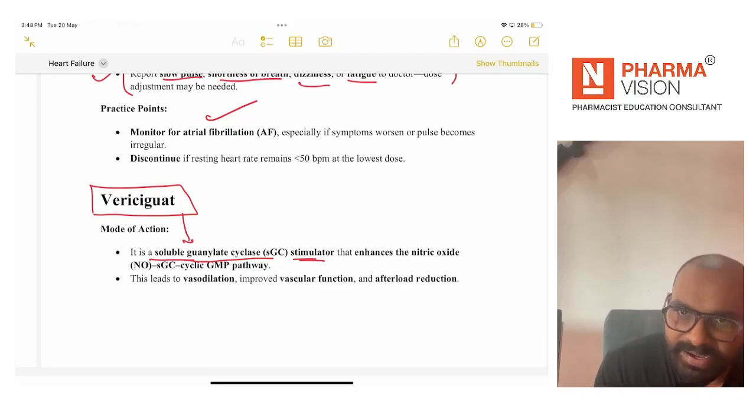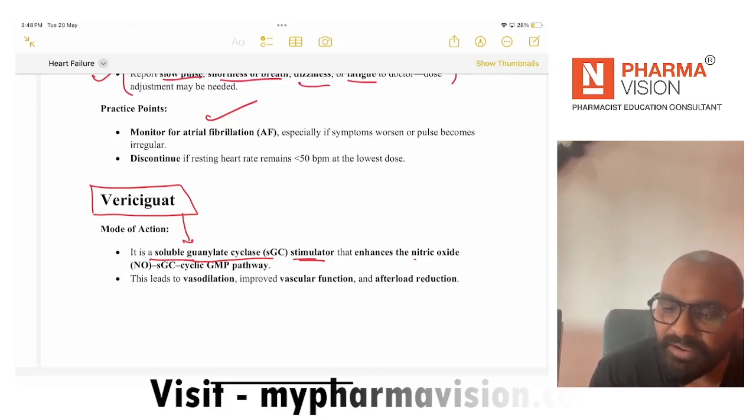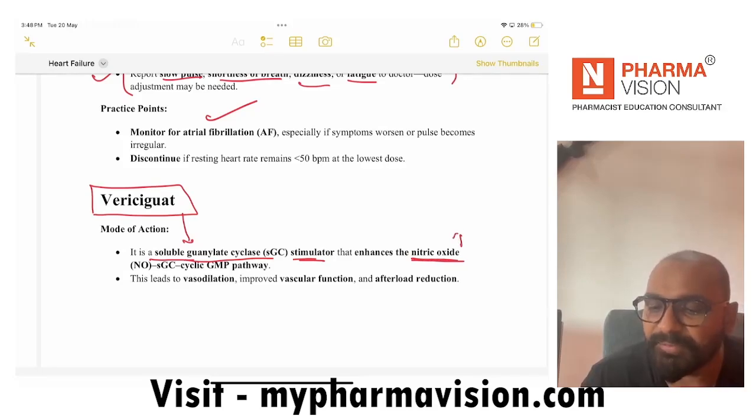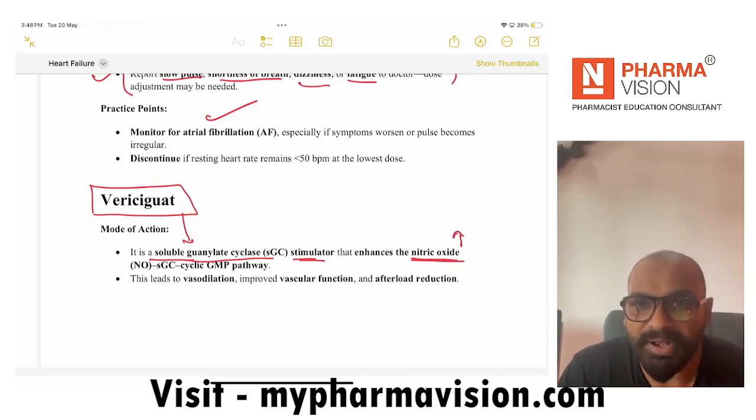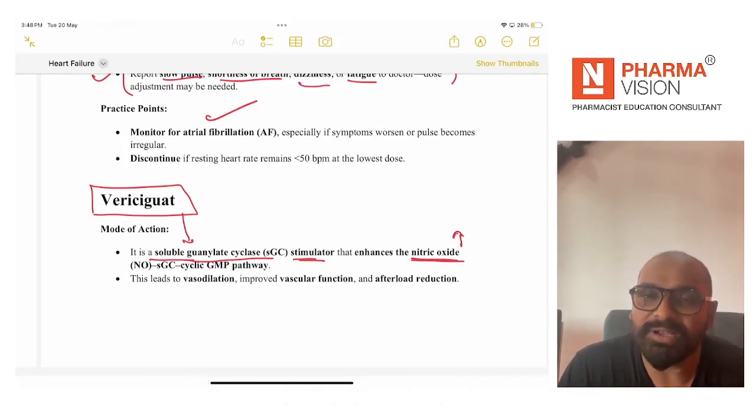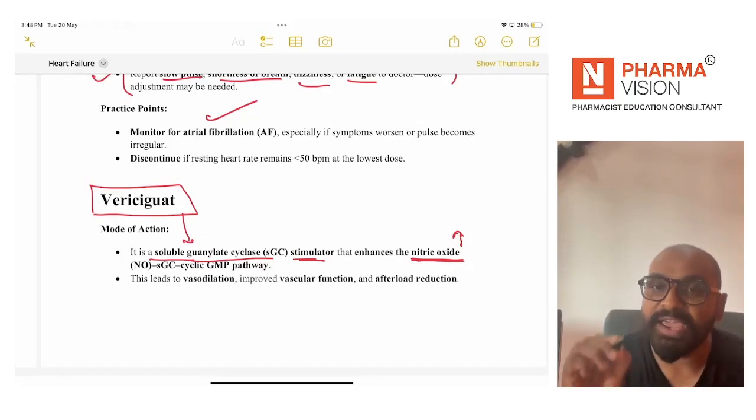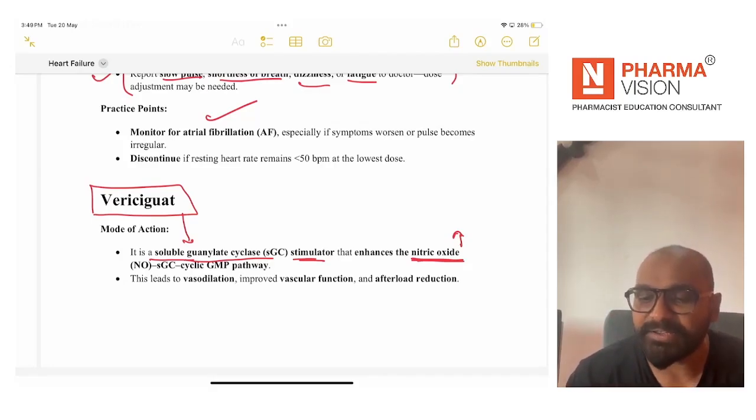Don't get into more confusion; understand that it enhances the nitric oxide pathway. There are many medications used for hypertension reduction and erectile dysfunction. That means a vasodilatory effect, nitric oxide enhancement, which can cause vasodilation.